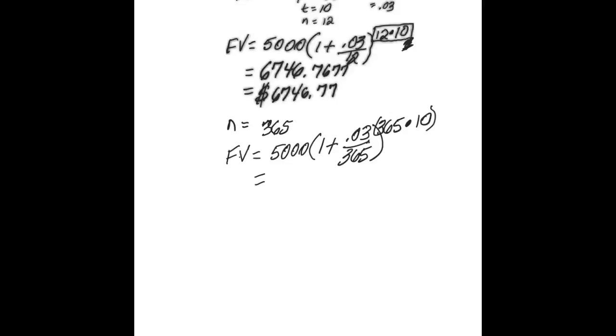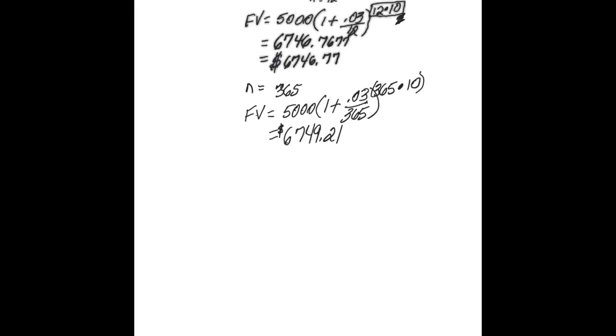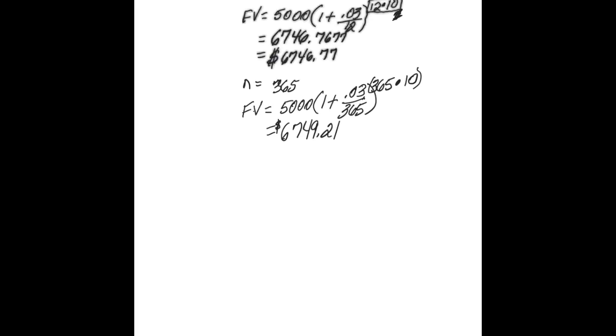My advice would be to get the original equation back where the 12 is, do second delete and insert 365, and then delete 12. And here I have $6,749.21.